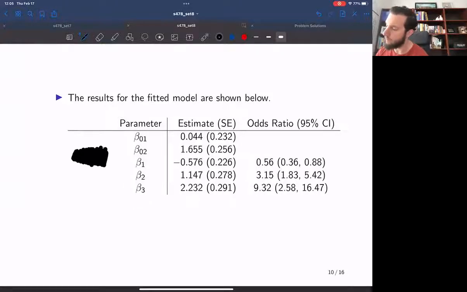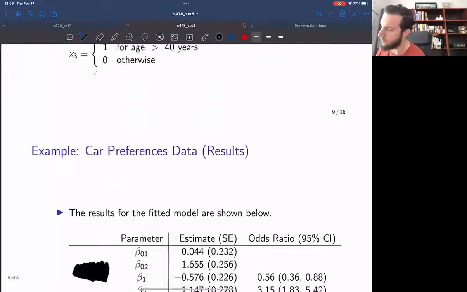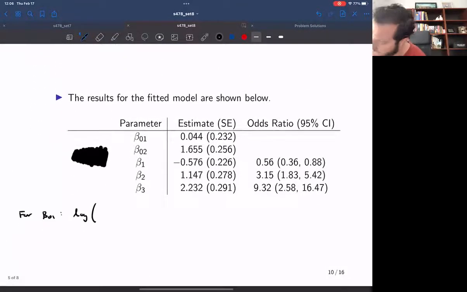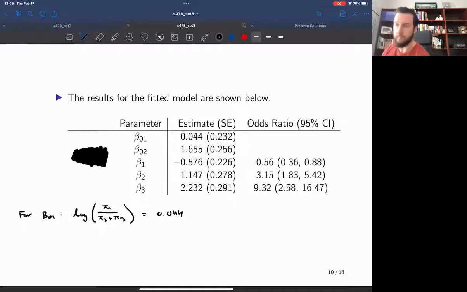For example, for beta 0,1, this is the log of pi 1 versus pi 2 plus pi 3, which is equal to 0.044. This is when x1, x2, and x3 are all equal to 0.